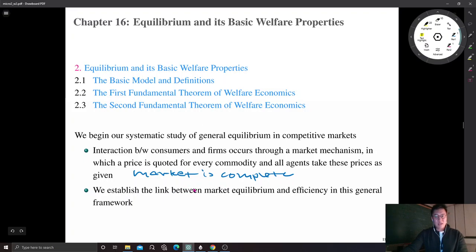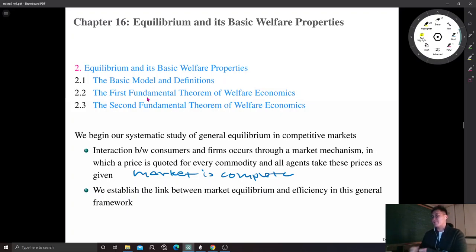All right, so this is called the competitive market. The price is determined by competition. And the main objective in this chapter is to establish the link between market equilibrium and efficiency. So we are going to study two welfare theorems. We've seen these two welfare theorems in previous examples.